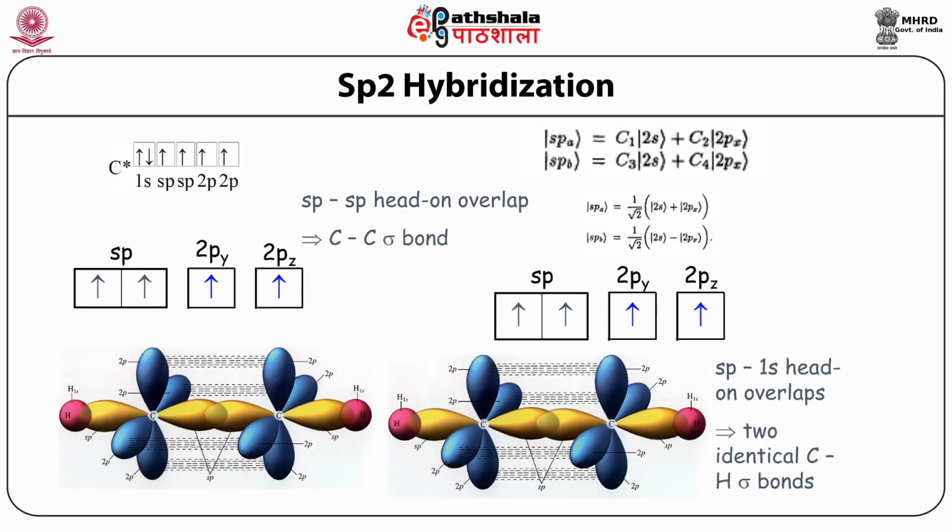Now continuing our discussion over sp hybridization, here we are discussing the C2H2 molecule, that is ethylene or acetylene.